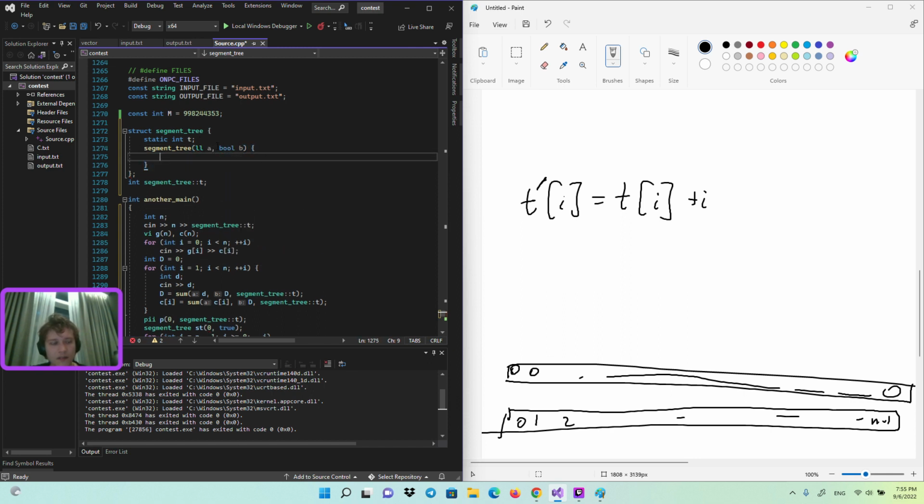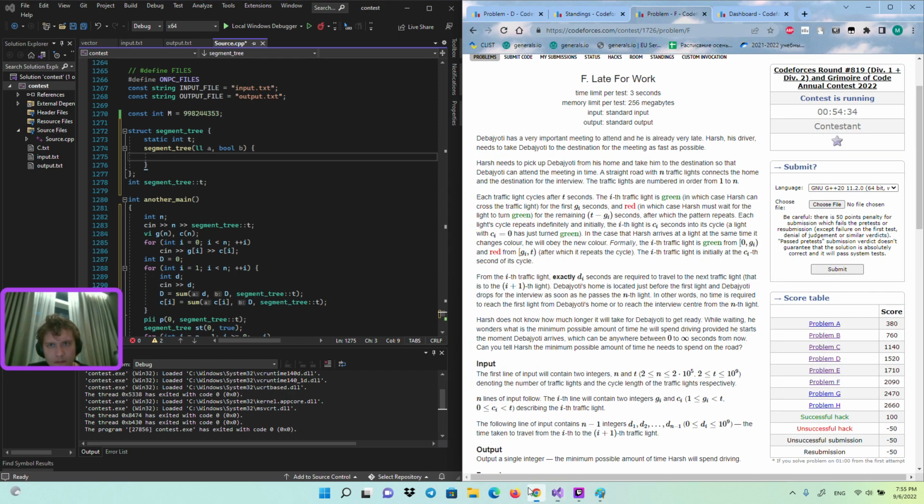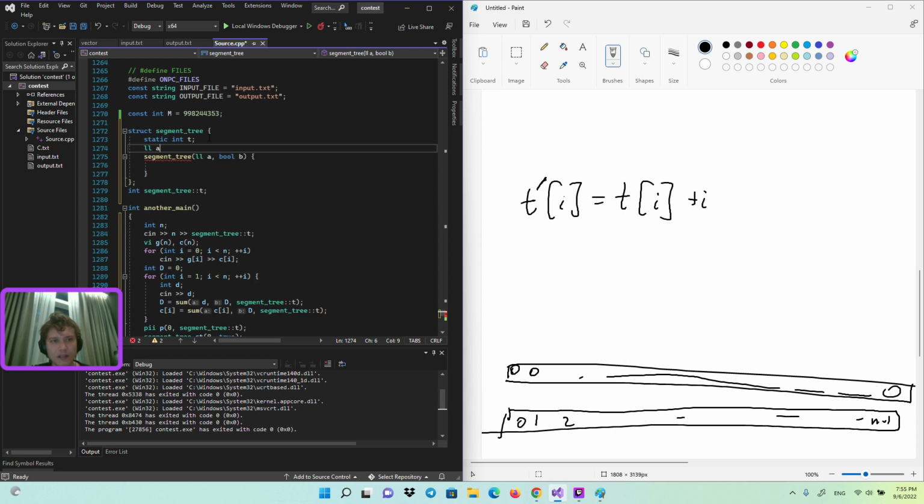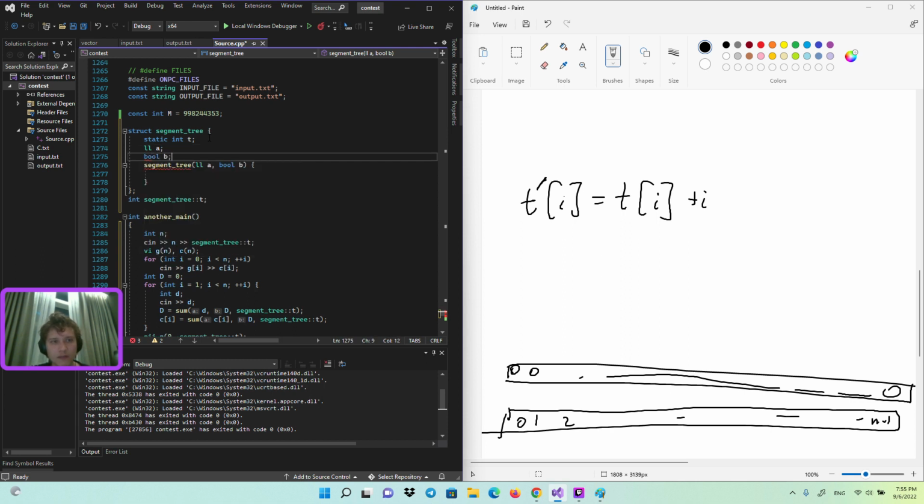So we say here that it should be enough, I think. No, this is a bad idea. Segment 3. So we just store this beginning a and bool b.